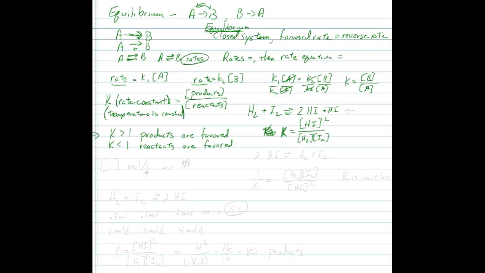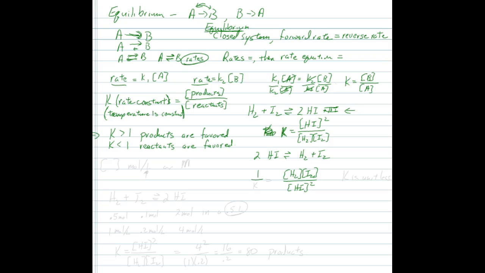If we do the reciprocal, if we write down this equation in reverse order, 2HI is in equilibrium with H2 plus I2, then if we write products over reactants, it would be the concentration of H2 times the concentration of I2 divided by the concentration of HI squared, which is the reciprocal of this.